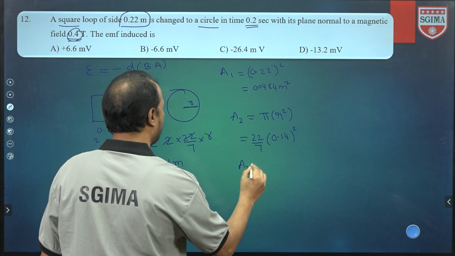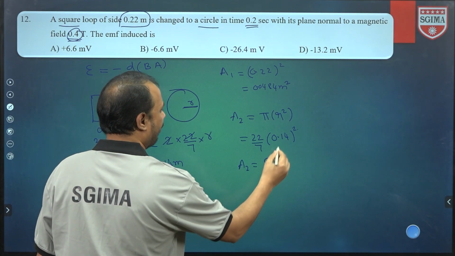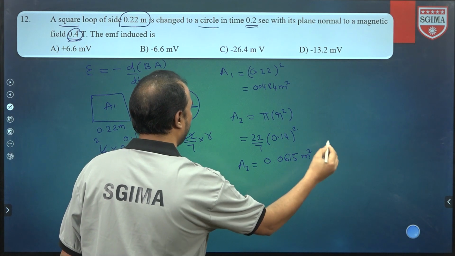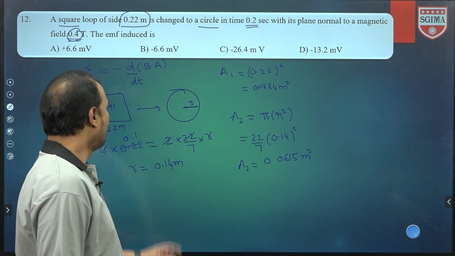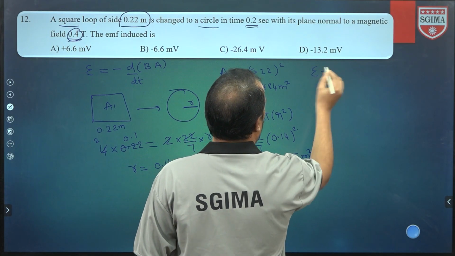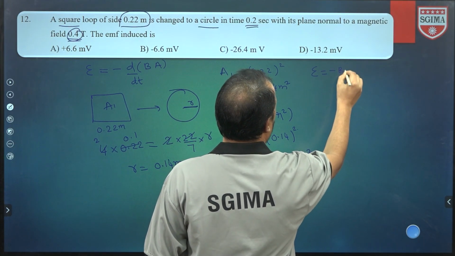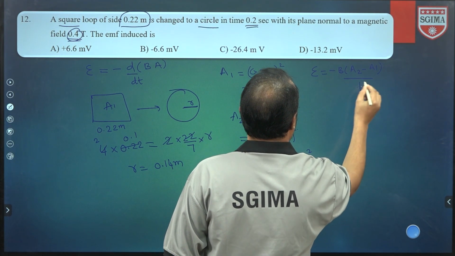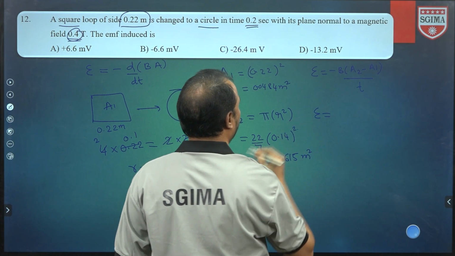So A2, after simplification, we will get 0.0615 meter square.